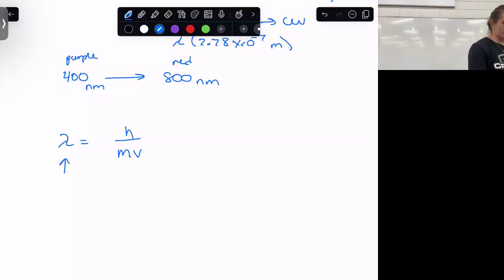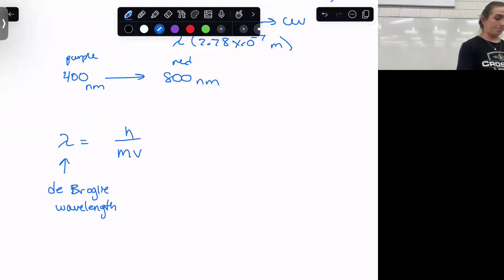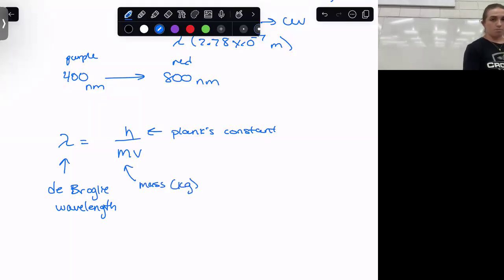So this is your de Broglie wavelength. This is still ending up in meters. This is Planck's constant still. M is mass in kilograms. And then v is your velocity in meters per second.